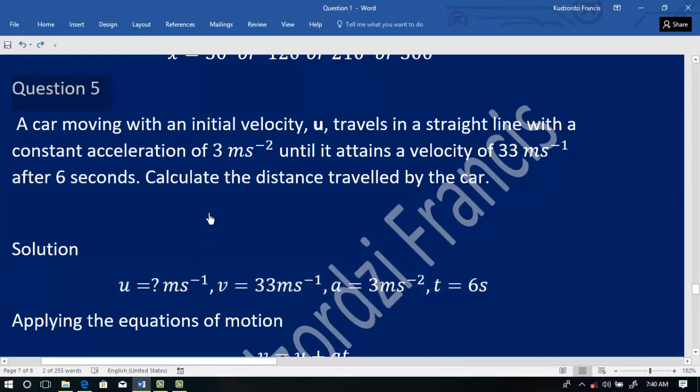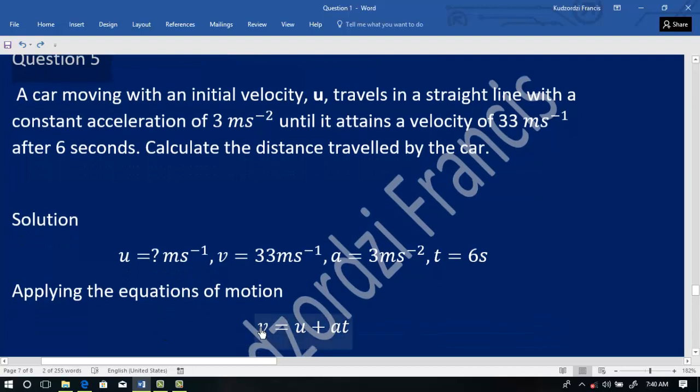So we are going to apply the equations of motion to find the value of u. Then after that, we can use it to calculate the distance. So we know the equation v equals u plus at. So we substitute these values and make u the subject.